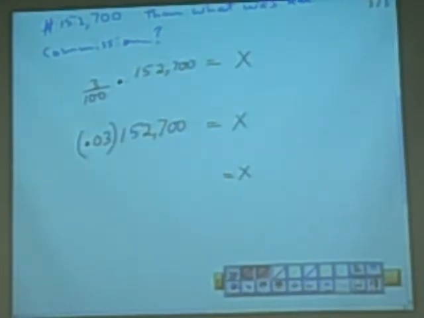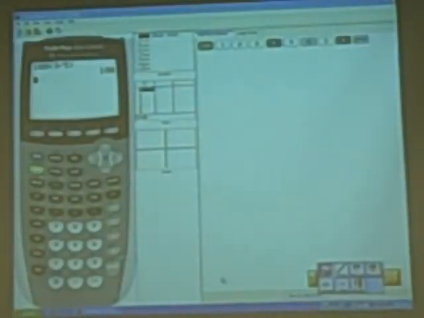Well, let's see what that looks like on the calculator. 0.03 times 152,700.